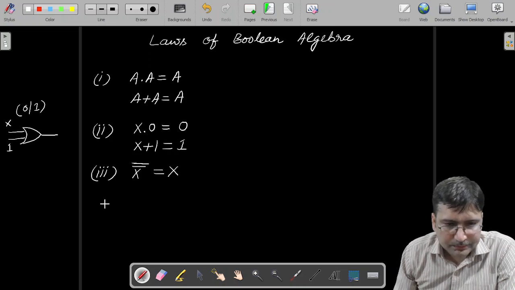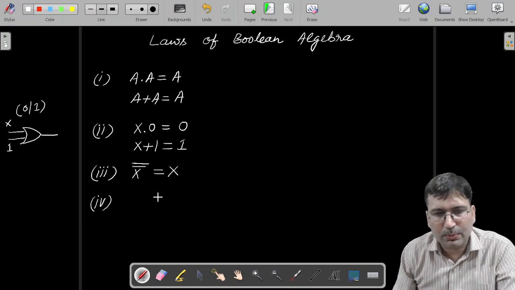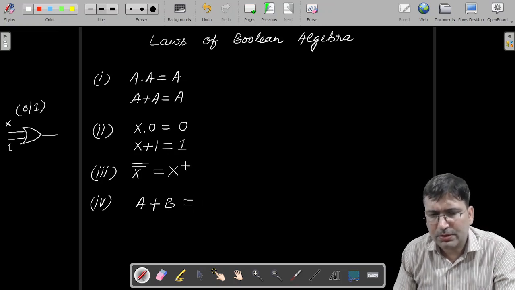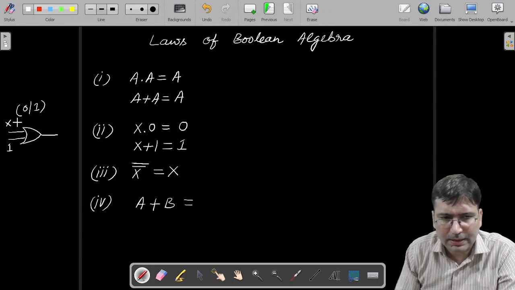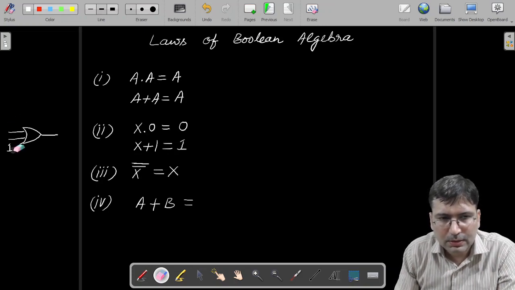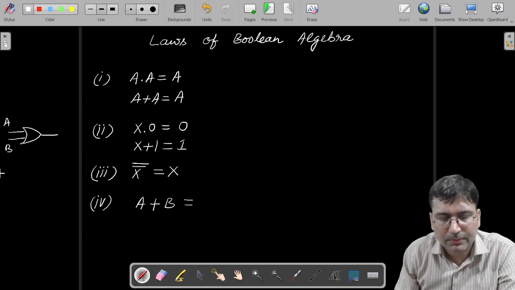Now let's say we are having a two input logic gate, where one input is a, we are having an OR gate, and another input is b. In case we change the inputs, here we are passing a and here b, and you change it to b here and a here, then also you will get the same y, right?